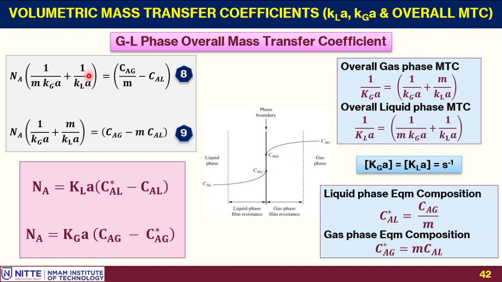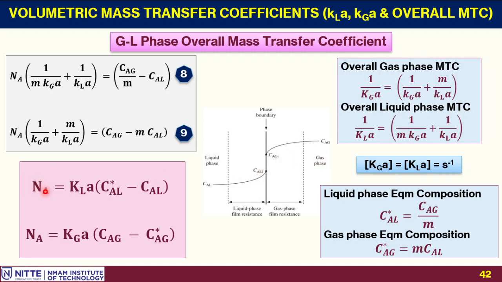So if you observe, the equations that we got, equation number 8 and 9, are rewritten here. This equation, I'll write it in this form. The mass rate of molecule A, whether it's liquid or gas phase, doesn't matter now because both are the same.